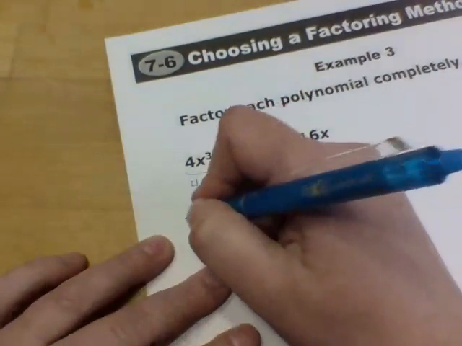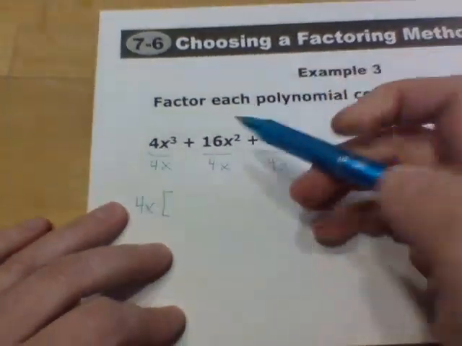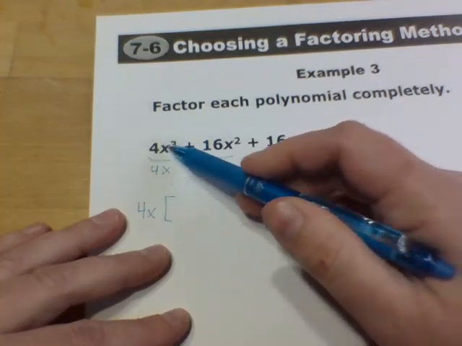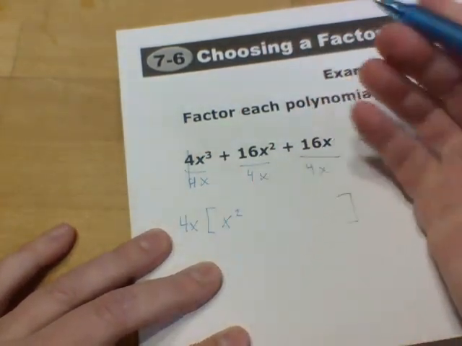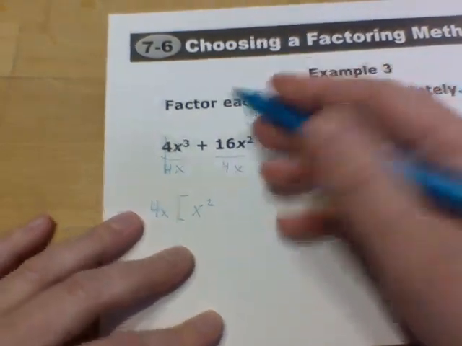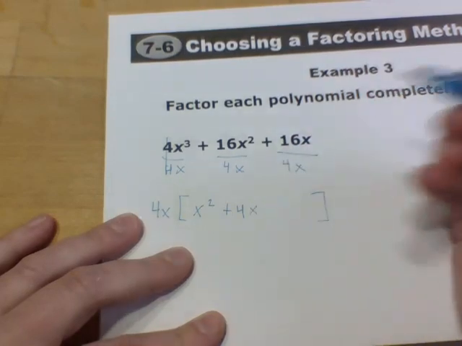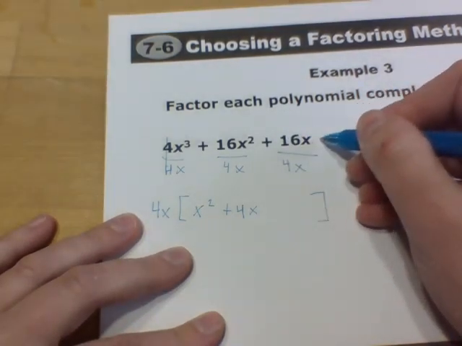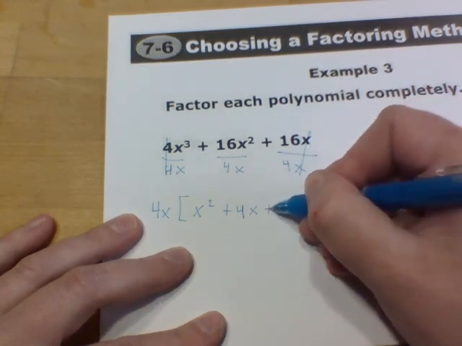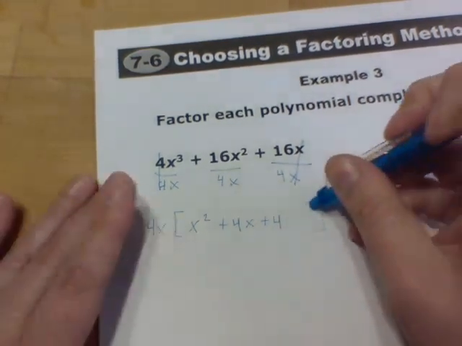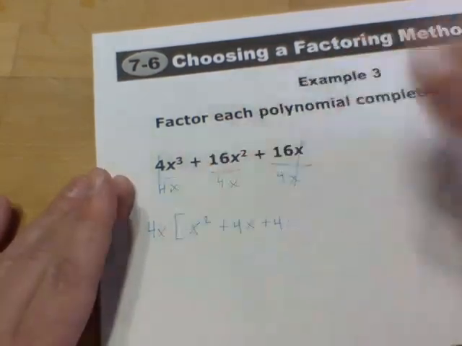So way out front, we're going to have 4x, and then your leftovers. 4x cubed divided by 4x takes away the 4's, but leaves you with an x squared. 16 divided by 4 leaves you with a 4, and x squared over x has 1x left over. And then the x's cancel in this last one, but 16 divided by 4 leaves you with 4.